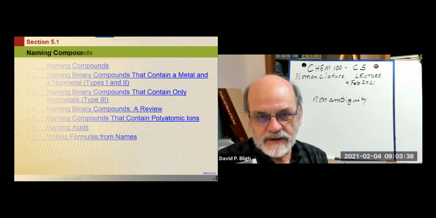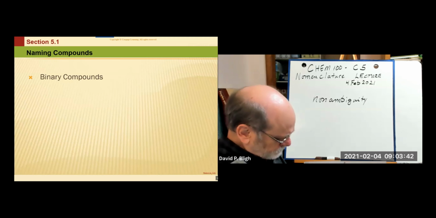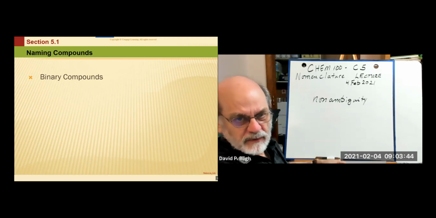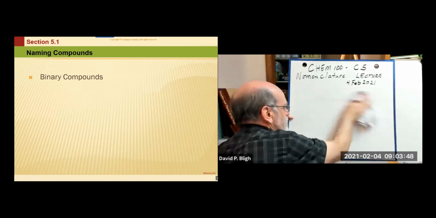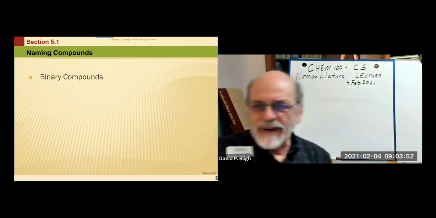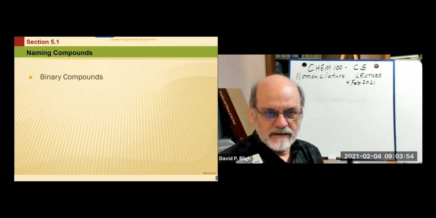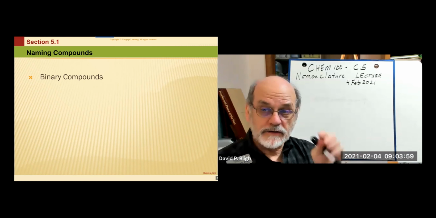All right, so we're going to start simple, which is always good. We're going to start with binary compounds. And in fact, it's not just binary, that is two parts.